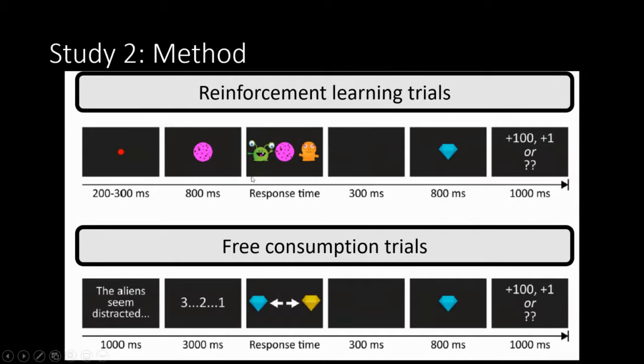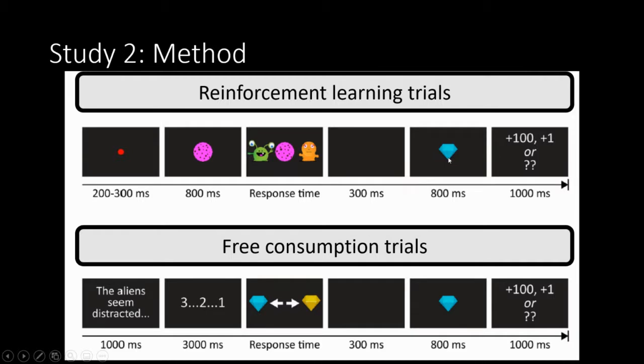This is the task that we use during the reinforcement learning trials. We have many reinforcement learning trials. We presented this cookie in the center of the screen. This was the stimulus. The participant had to give the cookie to one of these two aliens. These are the two response options, and they have to press left or right. After a correct response, they get a diamond.